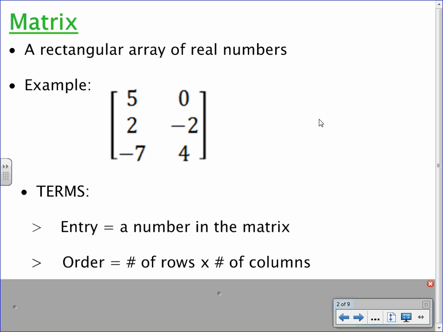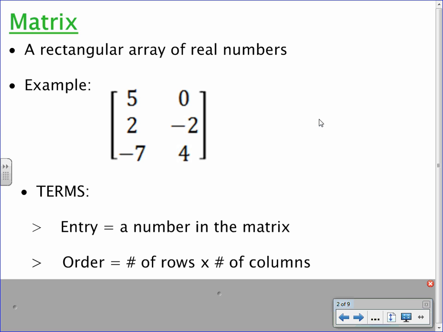Not times, by. Like when you talk about a piece of lumber, a 2x4. What is a 2x4? 2 inches by 4 inches? Okay.